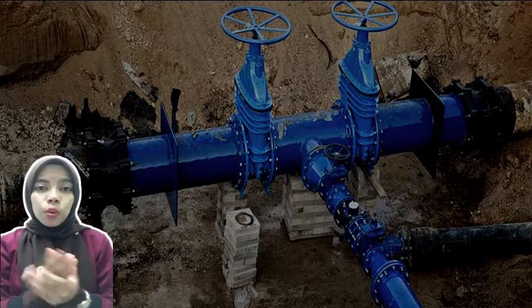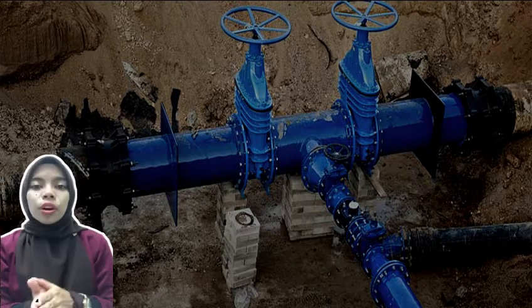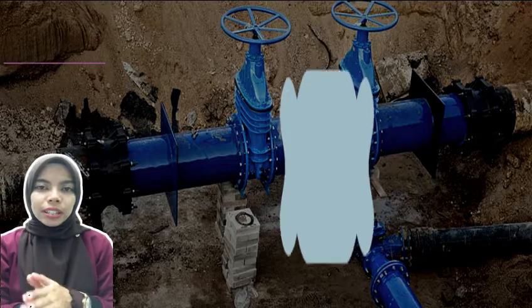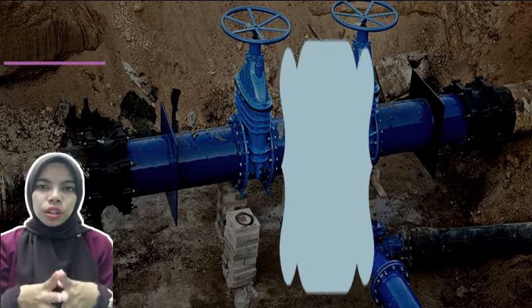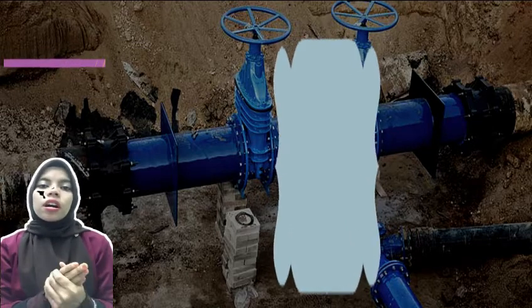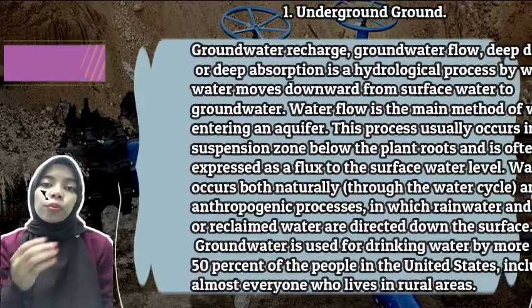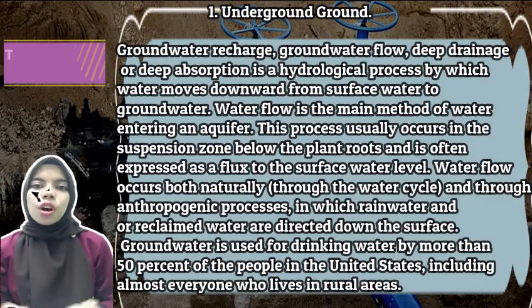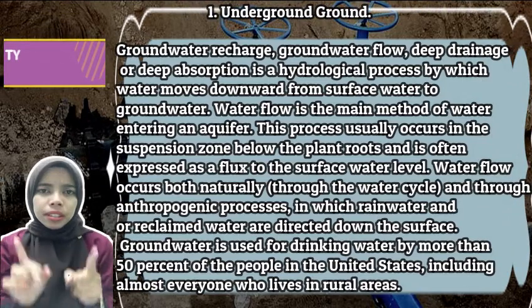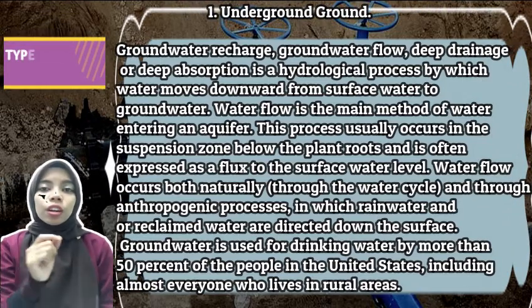Groundwater recharge, also called deep drainage or deep percolation, is a hydrological process by which water moves downward from surface water to groundwater. Recharge is the main method by which water enters an aquifer.